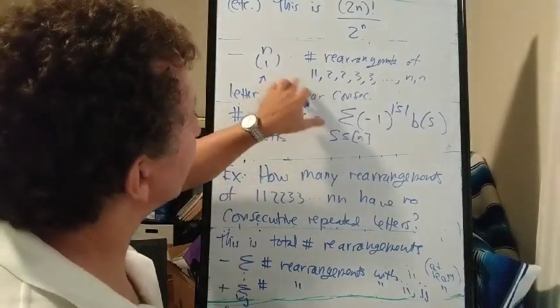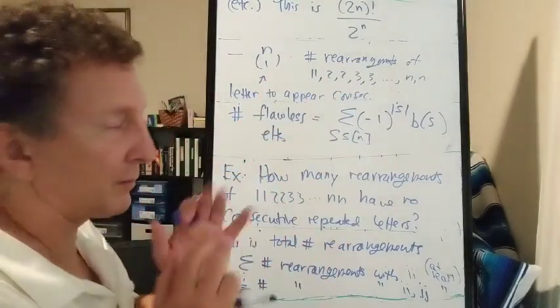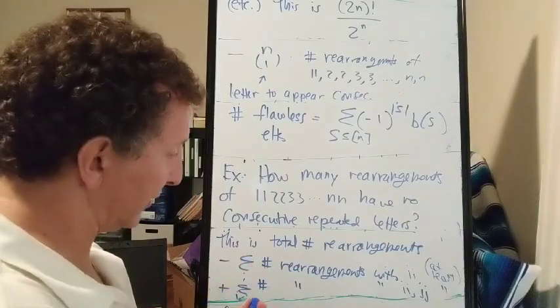So now we've got, instead of 2n letters, we've got 2n minus 1 letters because those ones got combined to make a single letter.